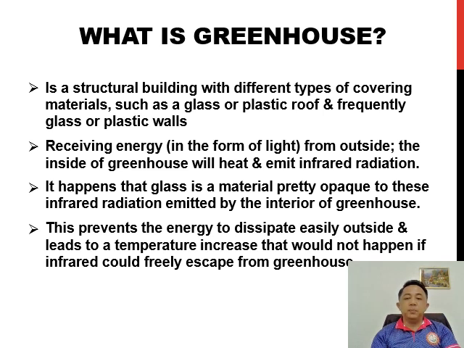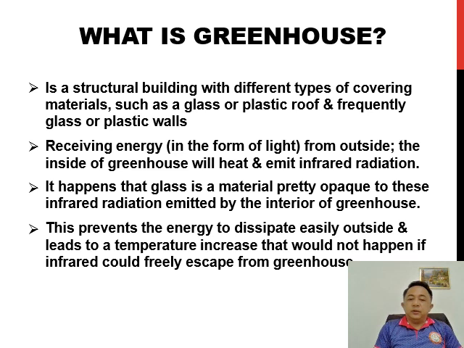Thus, it will prevent the exit of the infrared radiation. So, it will trap the radiation inside of the greenhouse, making the greenhouse much warmer. This prevents the energy from dissipating easily outside and leads to a temperature increase that would not happen if infrared could freely escape from the greenhouse.